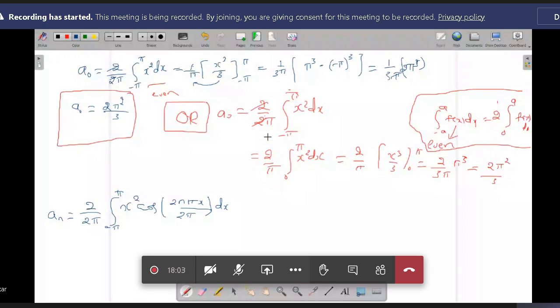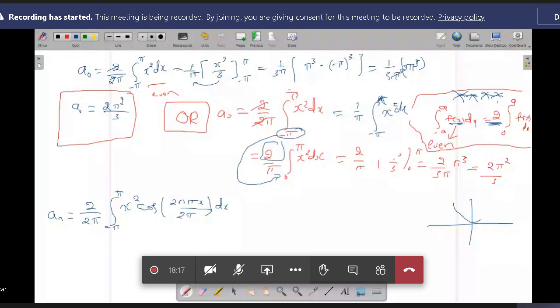When you take 0 to pi, you have to take 2 times that area. Suppose this is a quadratic function in minus pi to pi, and you want to find the area bounded in this interval. So this is the area, and here this is the area.